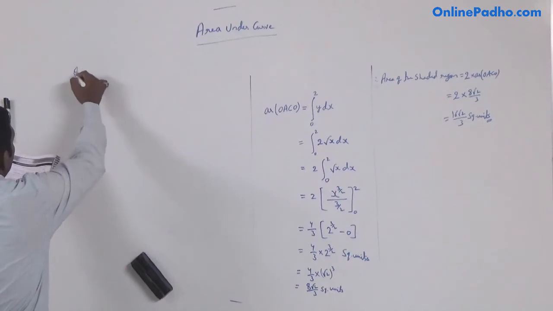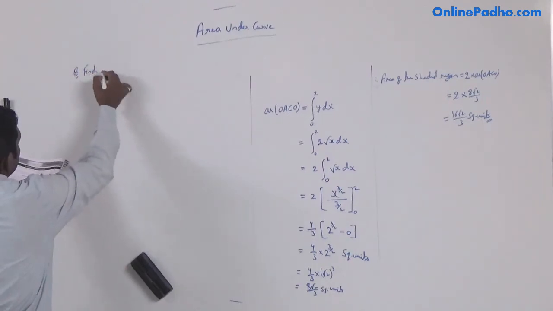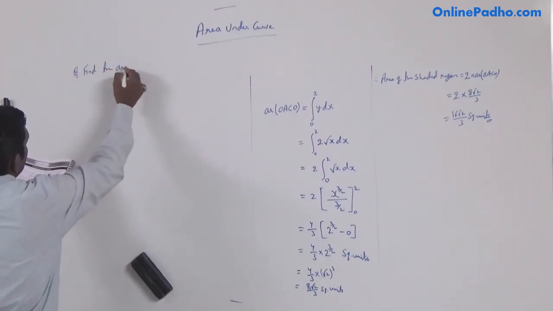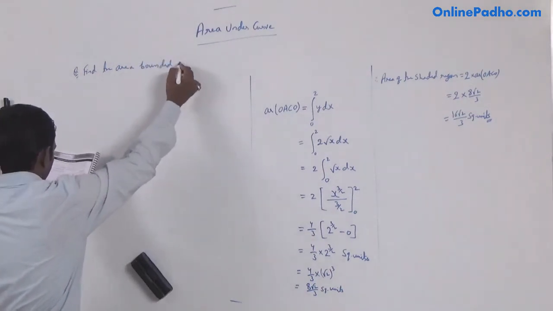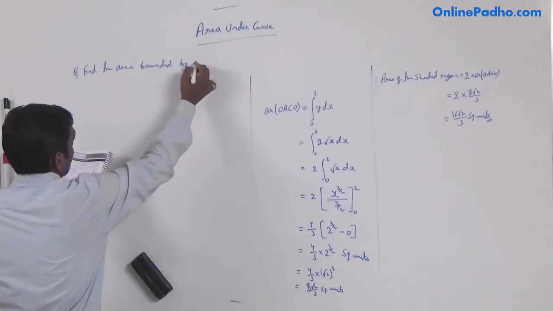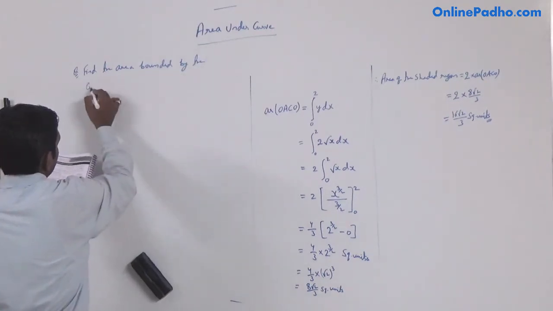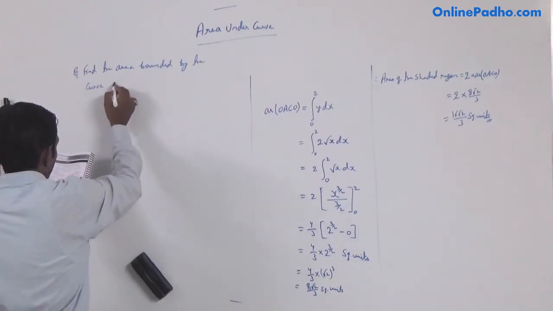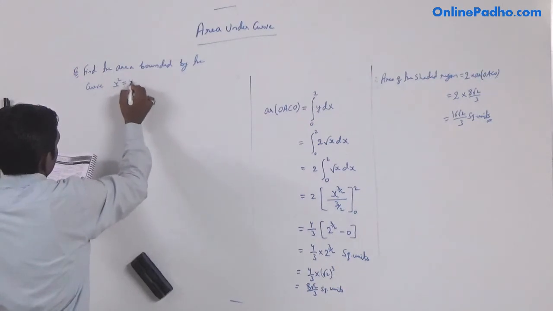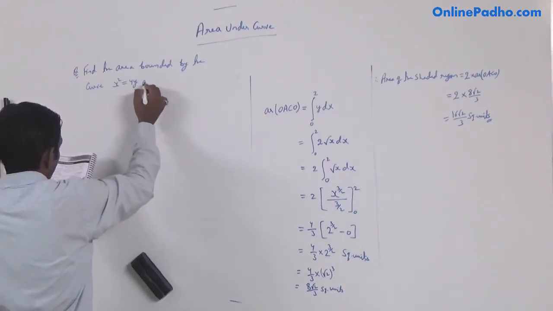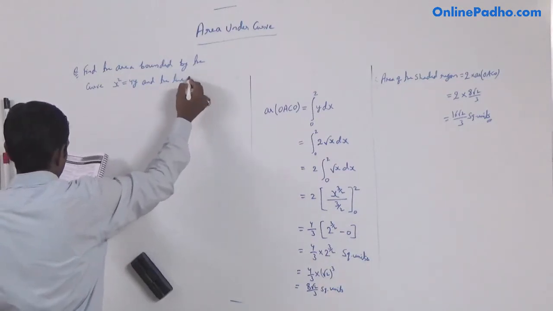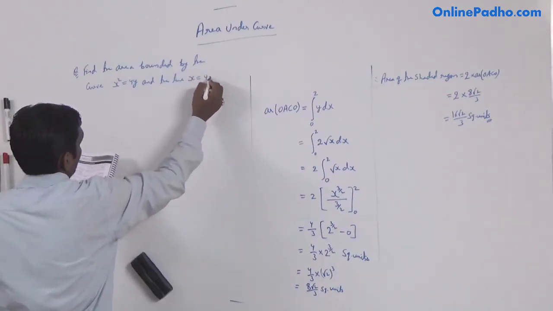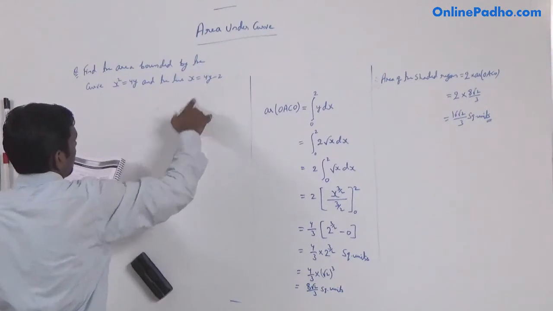The question is, find the area bounded by the curve x square is equal to 4y and the line x is equal to 4y minus 2.